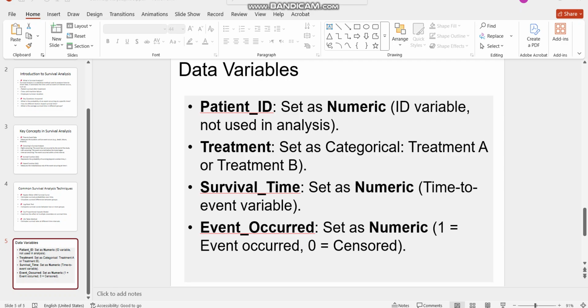And the event, here as we said, our event is the death, as we are analyzing survival rate. This will be coded as 0 if the data is censored, and 1 if it occurred. And as I explained before, censored means that either we lost the follow-up with the patient, or he still did not die for the time that we are performing this analysis.